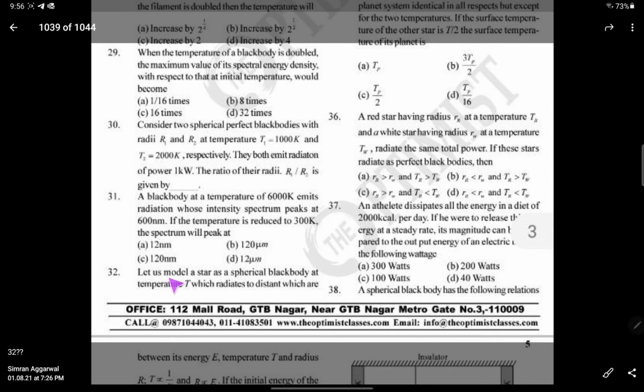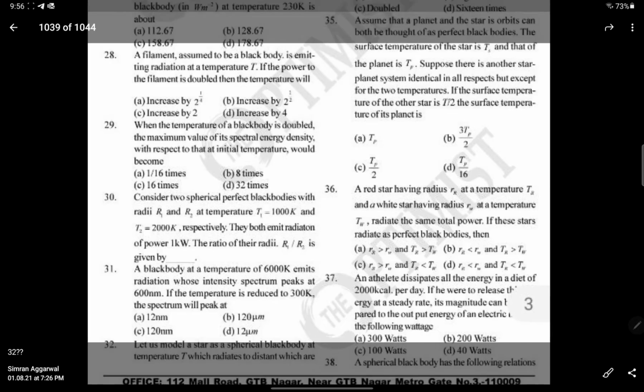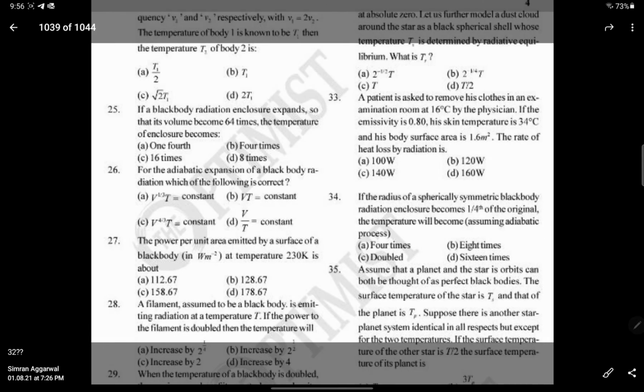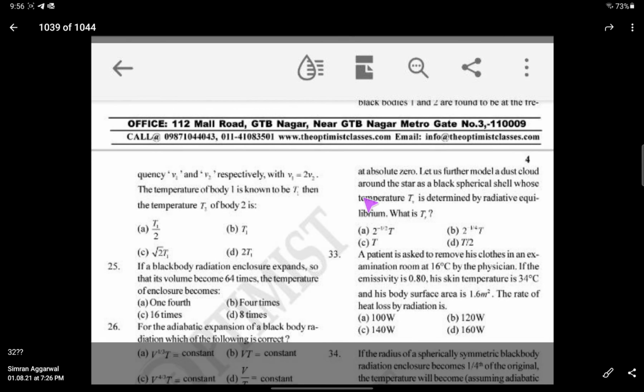Question number 32. Let us model a star as a spherical black body at temperature T, which radiates to a surrounding at absolute zero.